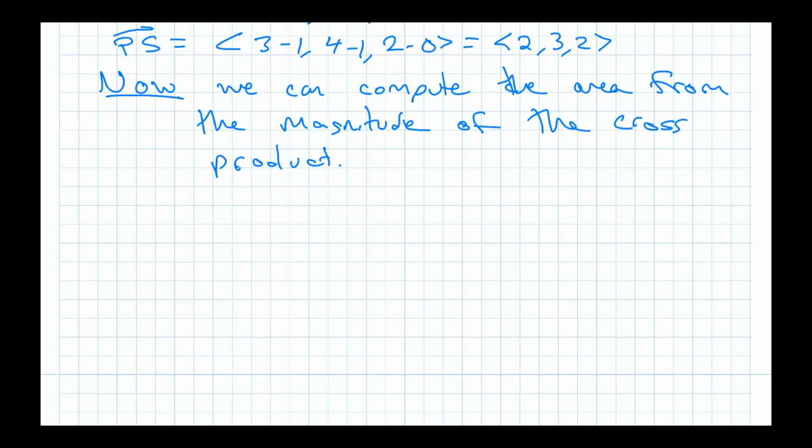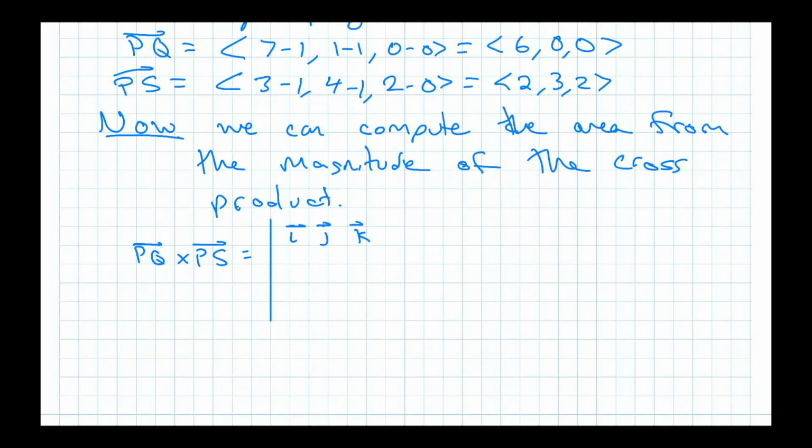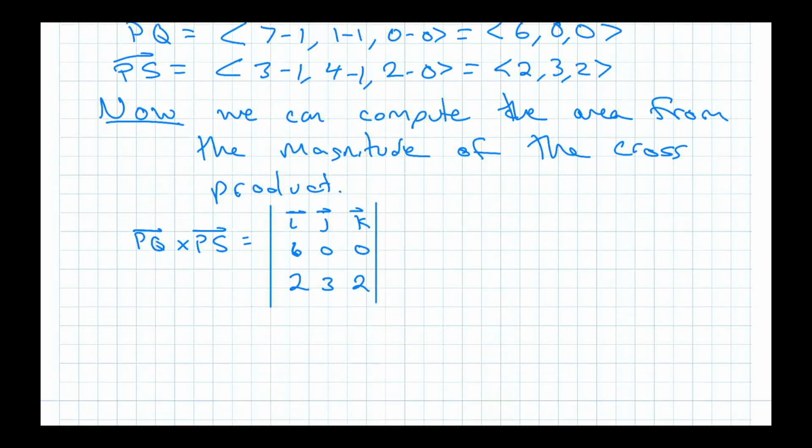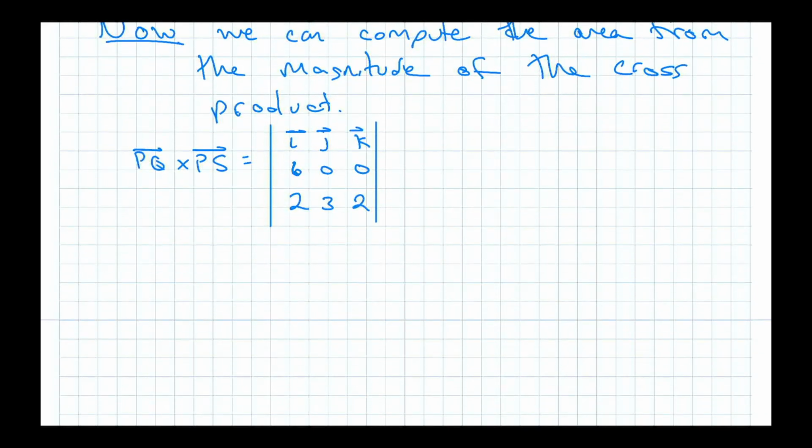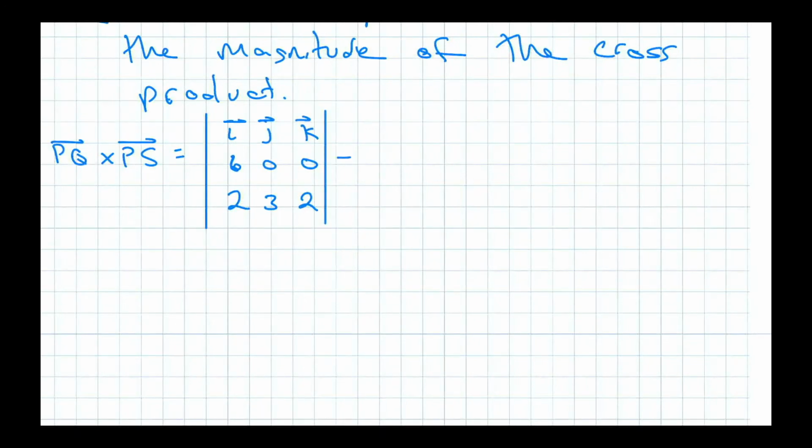So first compute the cross product. So we're going to compute PQ cross PS, which is, trying to make a straight line there, i, j, k, those are vectors. Then we put PQ, which is 6, 0, 0. And then we put PS, which is 2, 3, 2. Then we have to remember how to compute the determinant of a 3 by 3, which we covered last time.